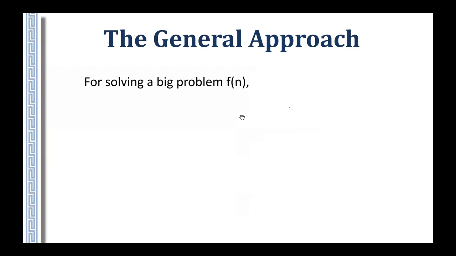Assume that we have a problem and there is some parameter of this problem that can be recognized as the size of the problem. So the parameter is such that if it is small, then we can easily solve this problem, and if it is big, then it is hard to solve.